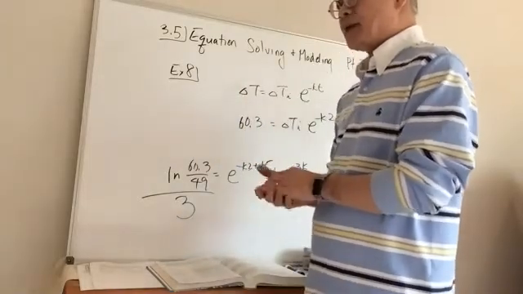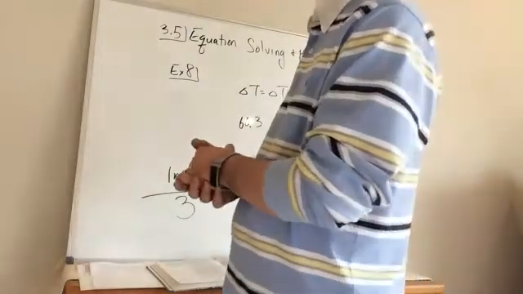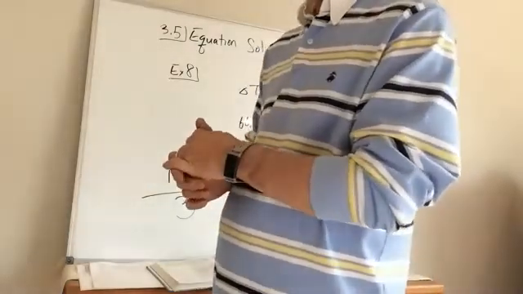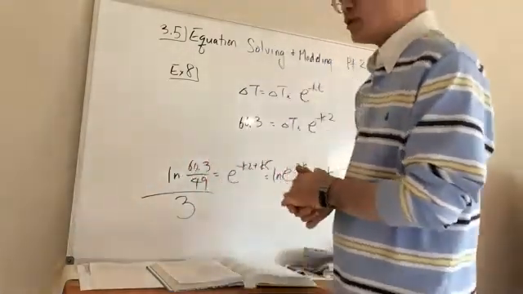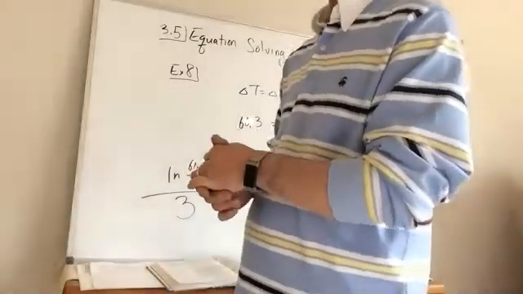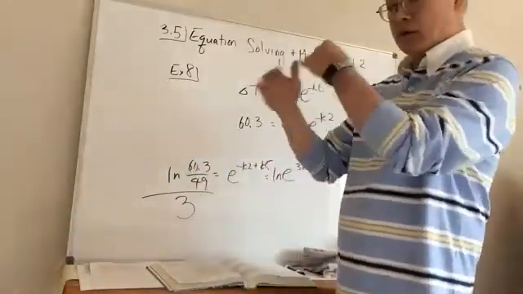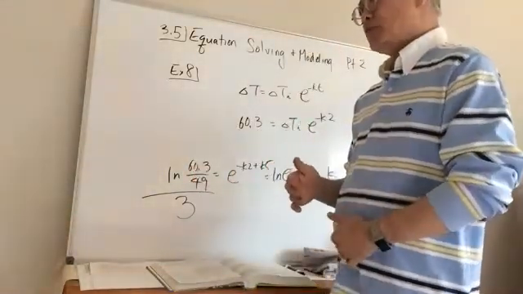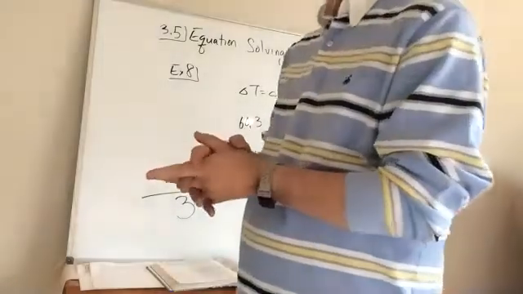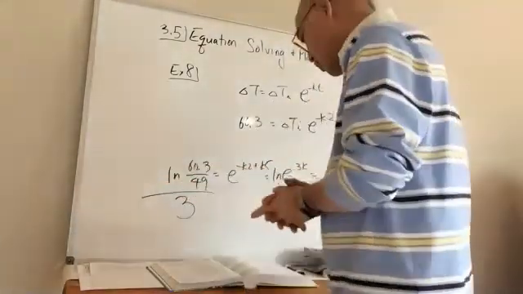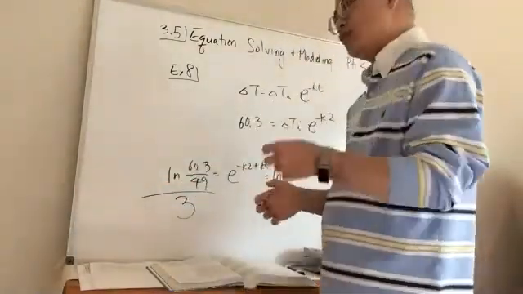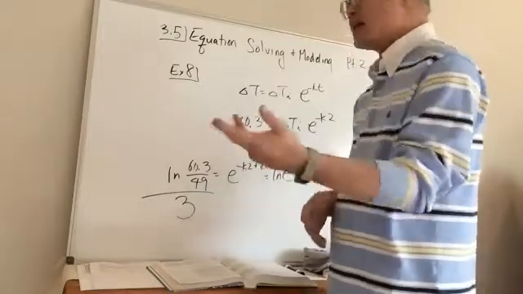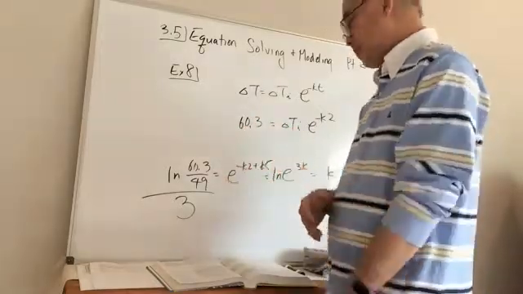It used to be pretty important stuff, but nowadays the calculators have logarithmic regression in them. So if you do L1 and L2 and go to stat calc, one of the options is a logarithmic regression. You can use that and it will do it for you. So it's not as important, but still something you should know.